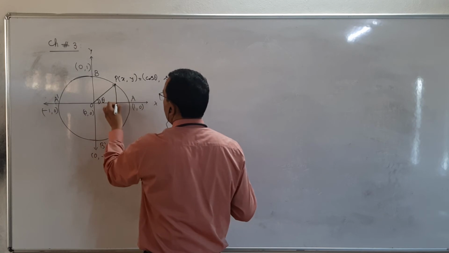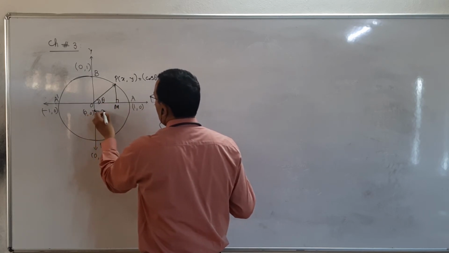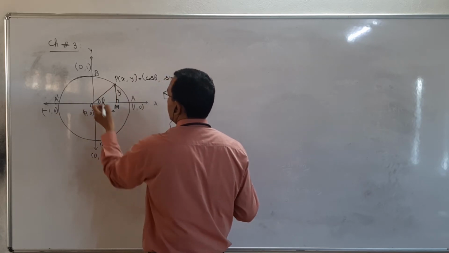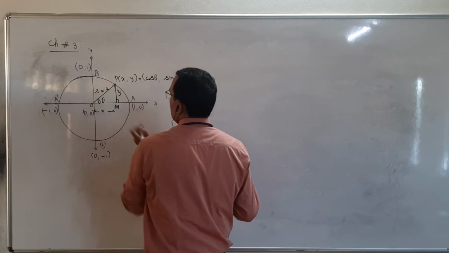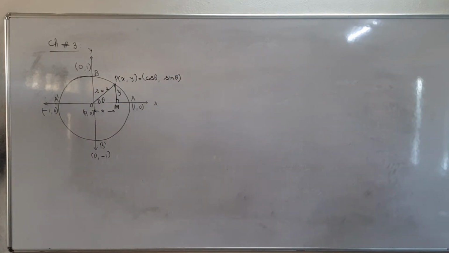Say I draw a perpendicular. Now distance OM is x coordinate, distance PM is y coordinate, this is radius. You know, students, a circle with center origin and the radius 1 unit is called a unit circle.